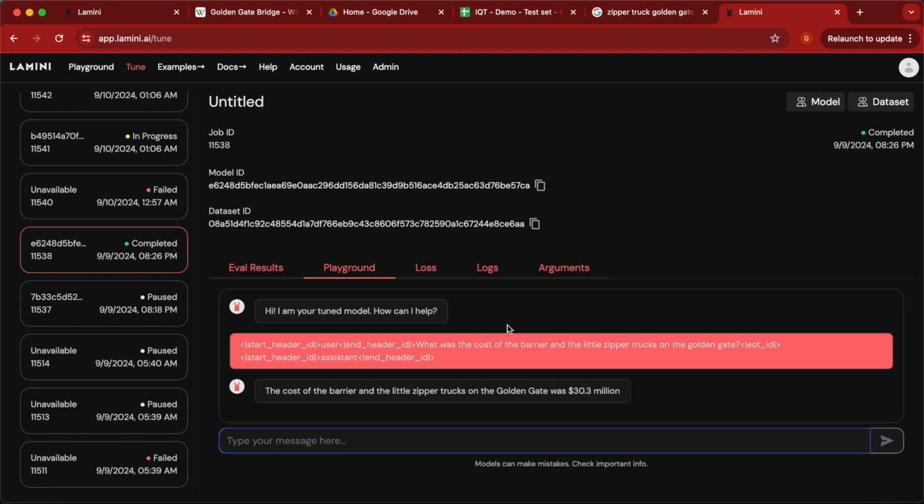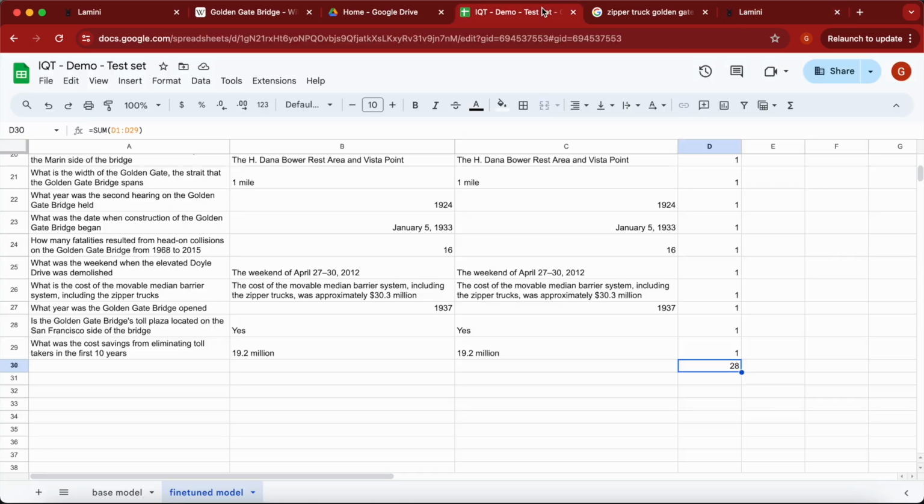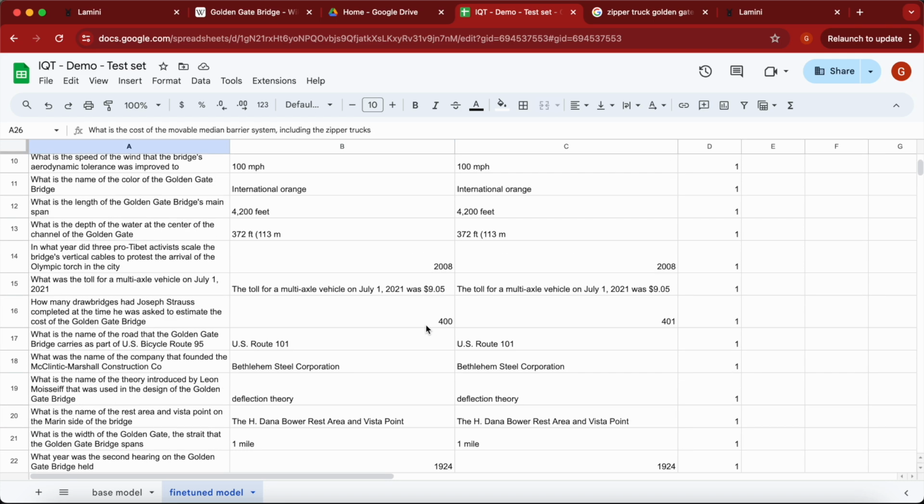Okay, my kid always loves to call them the little zipper trucks. And let's see, 30.03 million, was that right? Yeah, 30.03 million. So even though we're asking about it in a different way, the same information is remembered by the model.